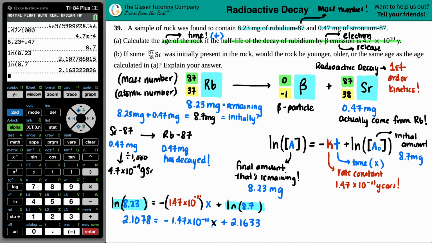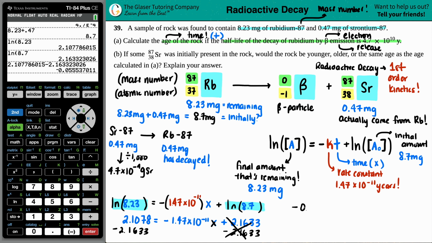Okay, you want to get x by itself, so let's subtract that 2.1633 on both sides. Okay, that goes bye-bye. And now I'm just going to take the full numbers. So we're going to take this value minus this value.